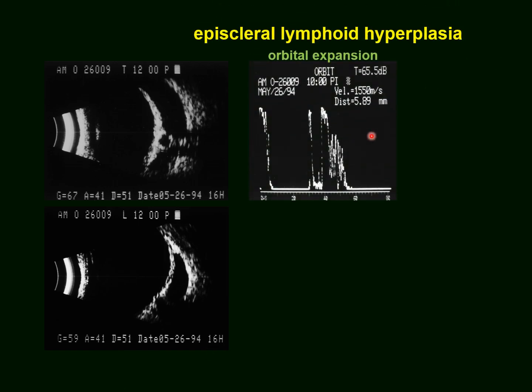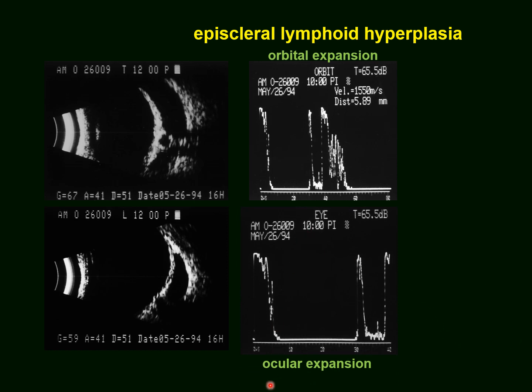On A scan, we see the tumor has a low reflectivity at tissue sensitivity. That's the ocular wall here, it's episclerally, and that is a lymphoid hyperplasia in this case. That should be differentiated from a malignant lymphoma through a biopsy.